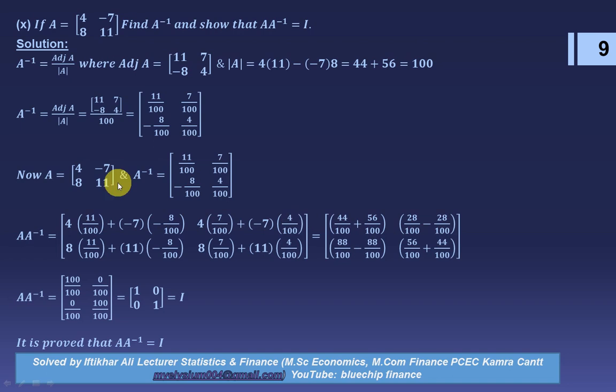After that, repeat that process with row number 2. 8 multiplied by 11 by 100 plus 11 multiplied by -8 by 100, process is given here. 8 multiplied by 7 by 100 plus 11 multiplied by 4 by 100, process is given here. And finally, after the calculation, it equals [1, 0; 0, 1], and that is the identity matrix. So it is proved that A multiplied by A inverse equals the identity matrix.